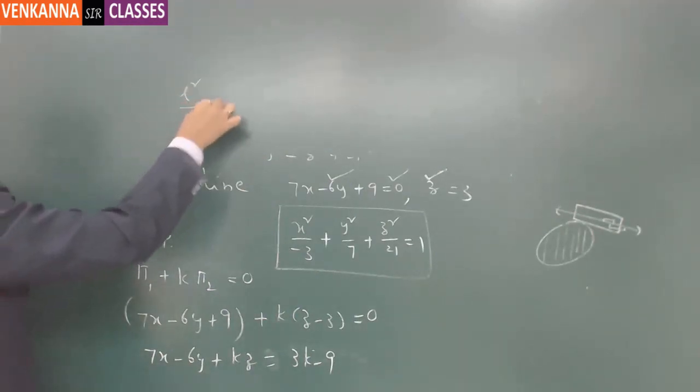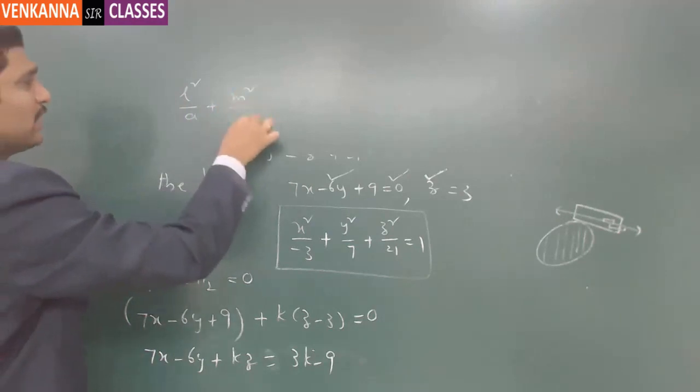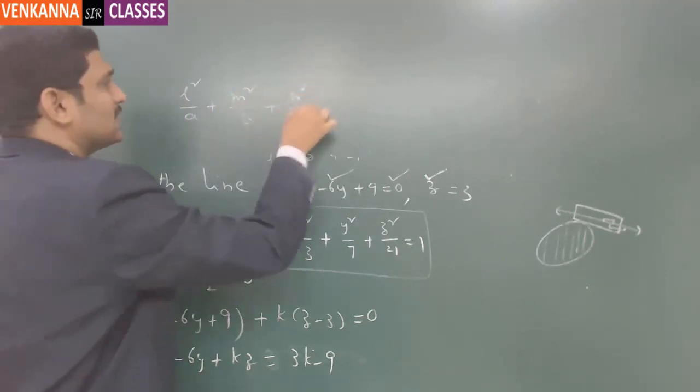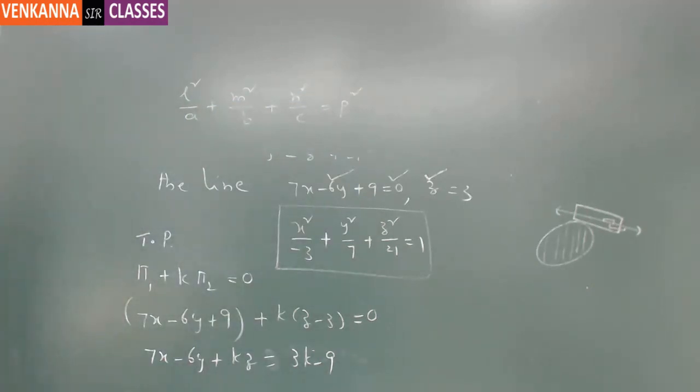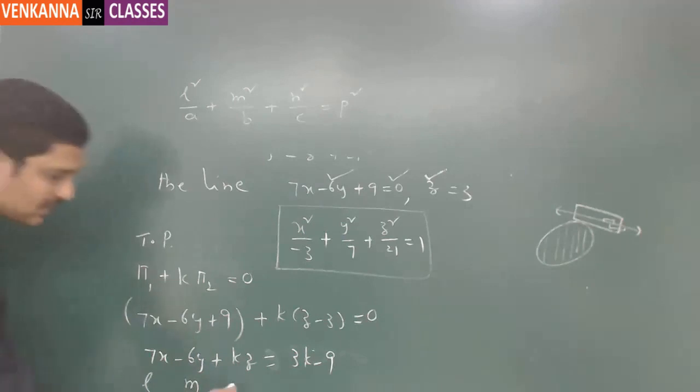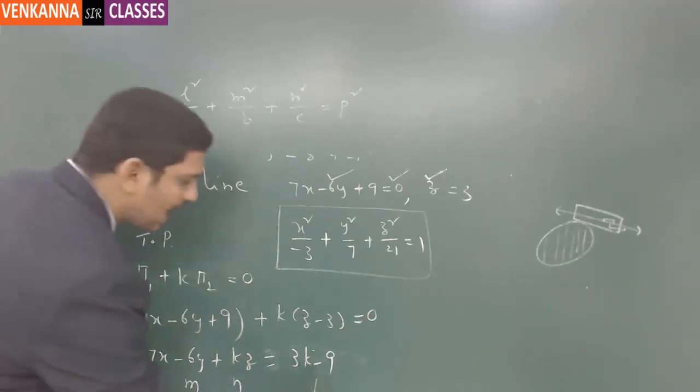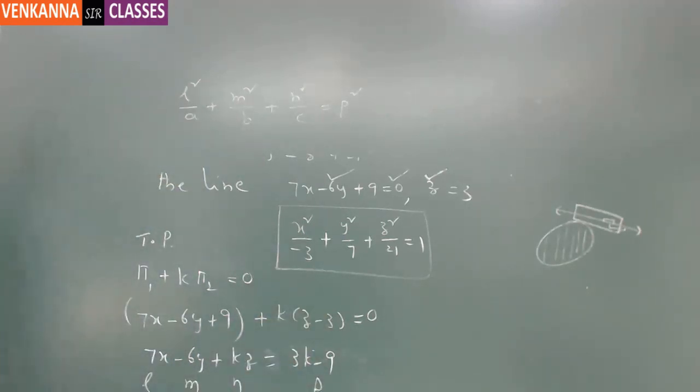L square by A plus M square by B plus N square by C is equal to P square. Agreed? The condition? So here L, M, N are taken from here. So L is 7, M is minus 6, N is K, and this is P.